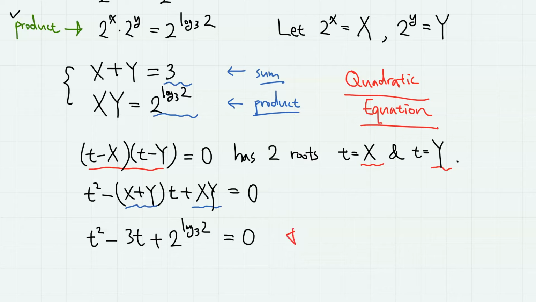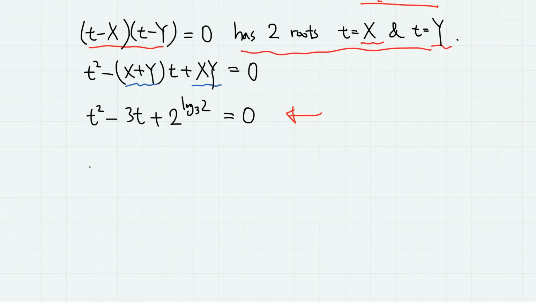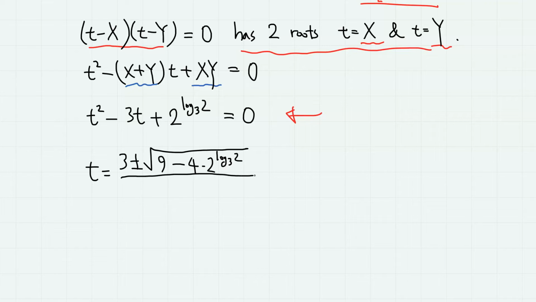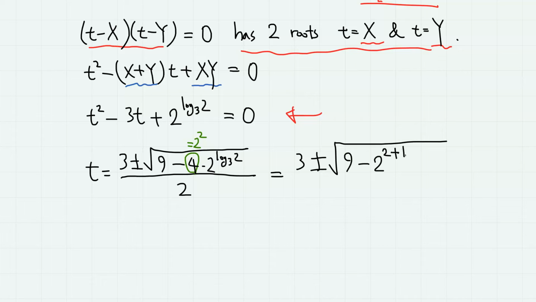And we are going to solve this quadratic equation to find the values of capital X and capital Y, which, as I've already said, are two roots of this equation. Here, using the quadratic formula, t equals 3 plus minus square root of 9 minus 4 times 2 to the power of log base 3 of 2, all over 2. And if you somehow want to change this 4 into 2 squared, we can write 3 plus minus square root of 9 minus 2 to the power of 2 plus log base 3 of 2, all over 2.